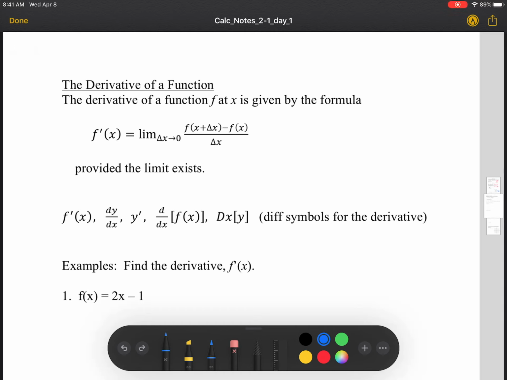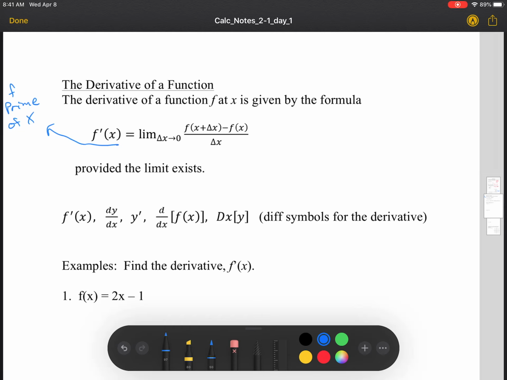The derivative of a function. The derivative of a function f at x is given by the formula f prime of x. This is said "f prime of x." That's how you say that.